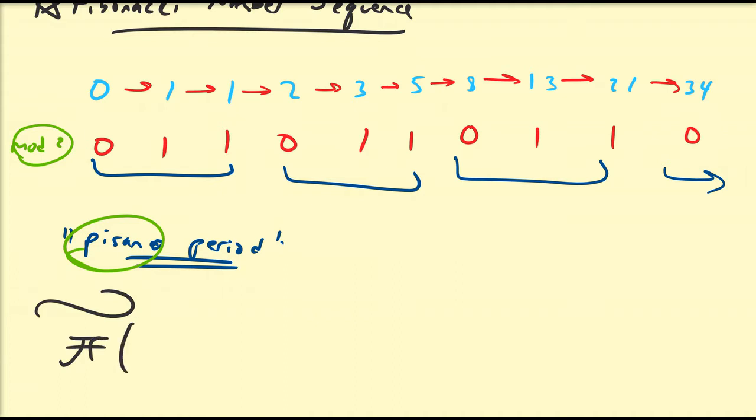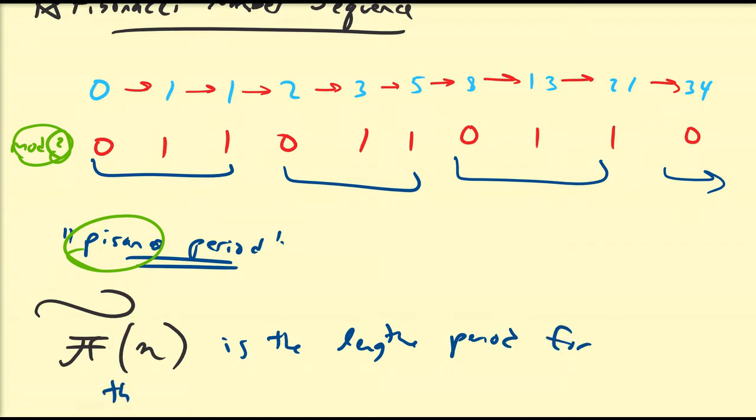So the Pisano period of order n, where n refers to the modulus I'm working with, is the length of the period for the Fibonacci sequence modulo n.